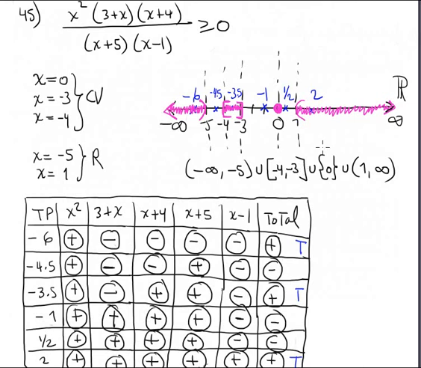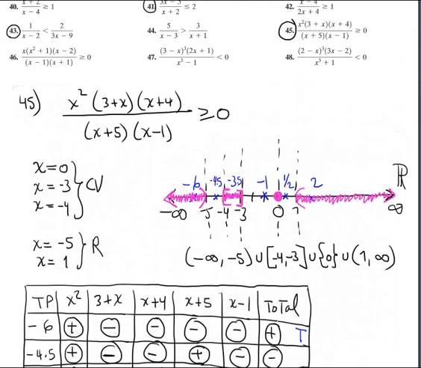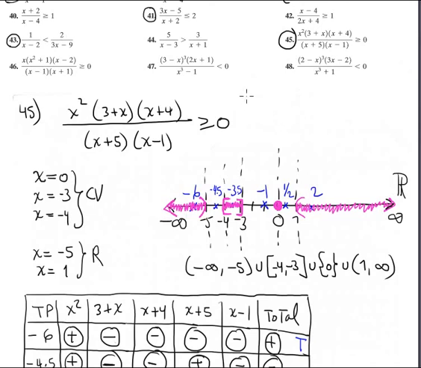Okay, and the set notation, the same representation, is the values of x such that x is less than negative 5, or x is between, including both endpoints, negative 4 and negative 3, or 0, which is one isolated point, or x greater than 1. This is the answer.